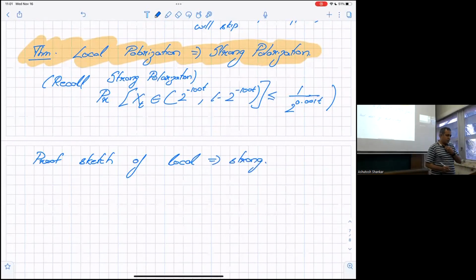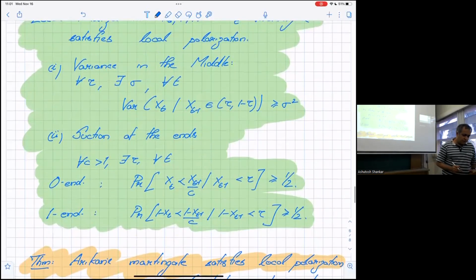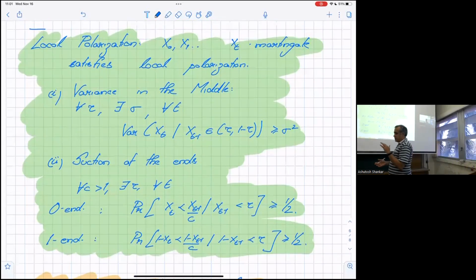We have a martingale which has this property. It's a simple martingale. What I mean by simple martingale is that, given a particular value, the next value is one of two possible values, half each. That's how it evolves in time.